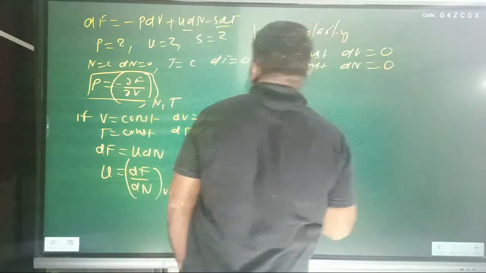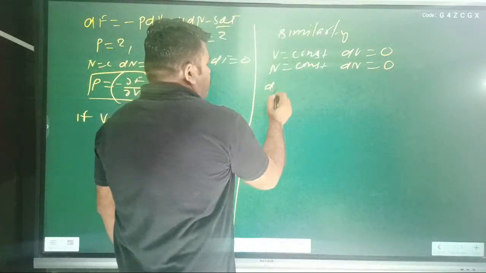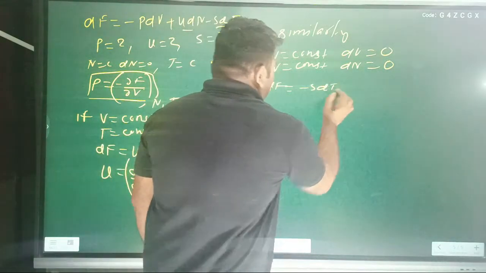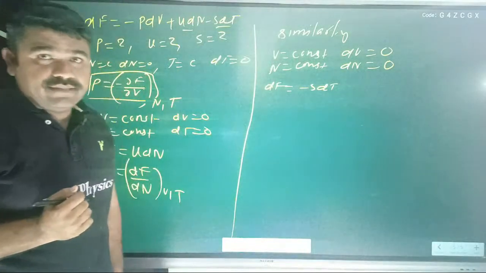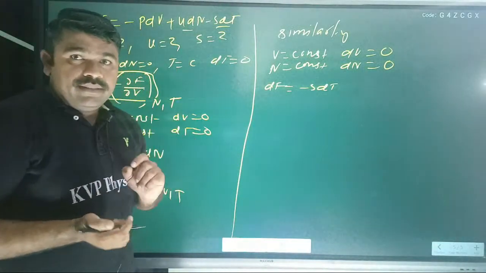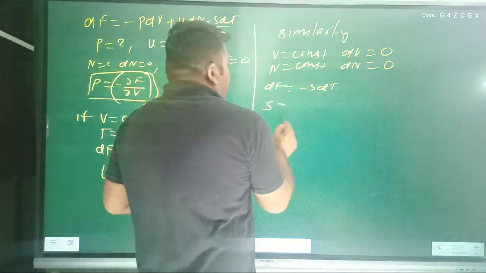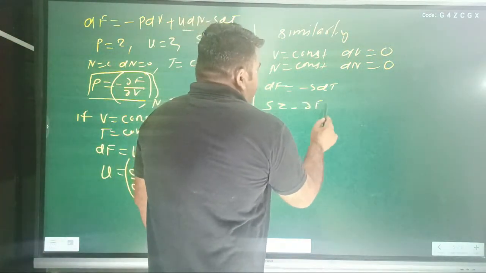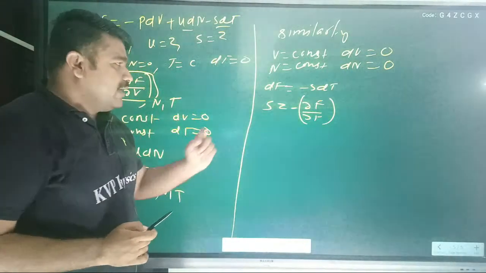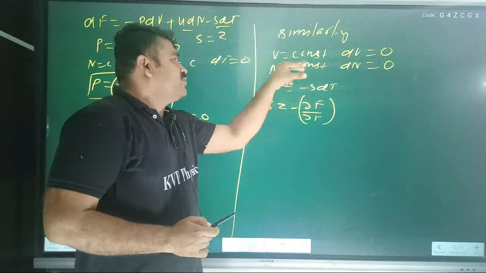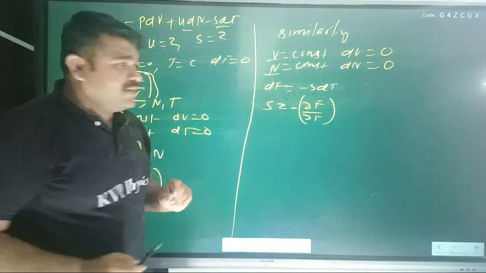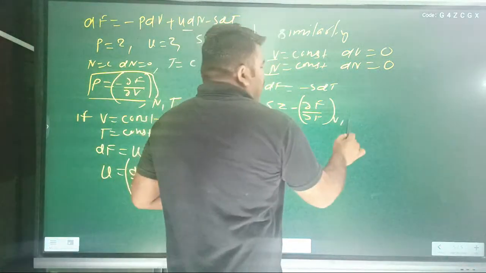Means we get dF equal to minus S dT. dF is equal to how much? Minus S dT. Now our aim is finding the value of entropy. Then entropy is simply minus dF upon dT. At what conditions? Which two conditions are there? Volume and number of particles constant. Yes or no? Means V comma N is constant.